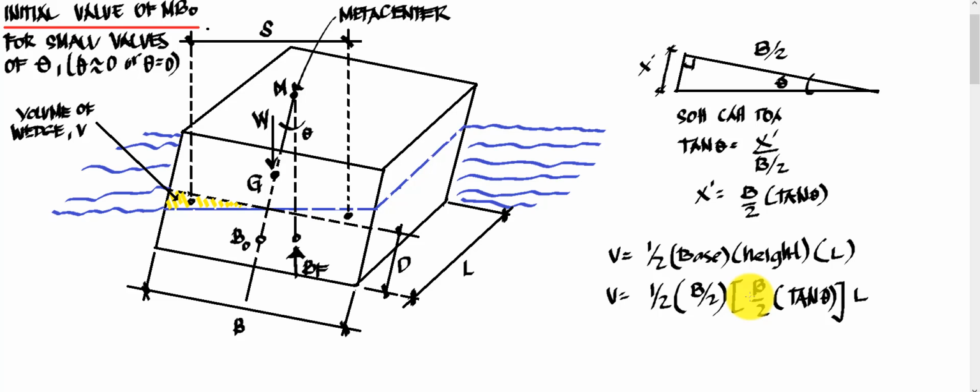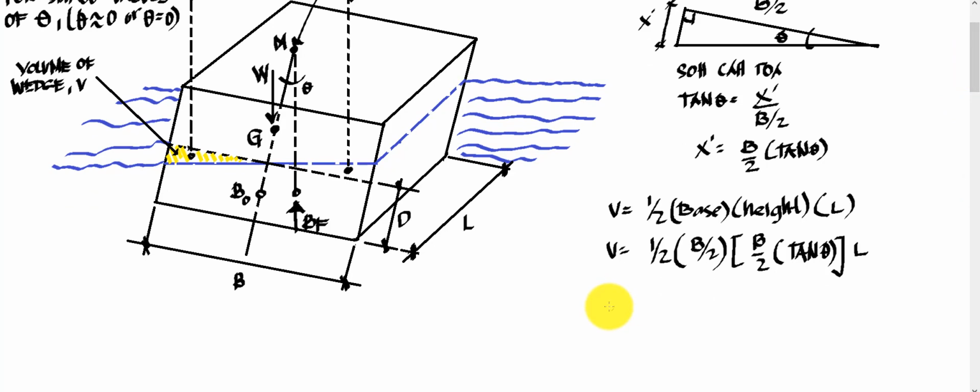Now simplifying our equation, 2 times 2 will be 4, then times 2 that will be 1/8. Then we have B squared times the tangent of theta, multiplied by the length.